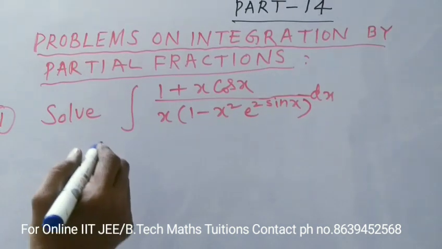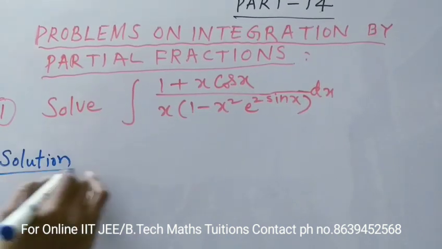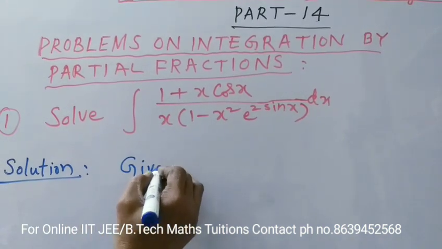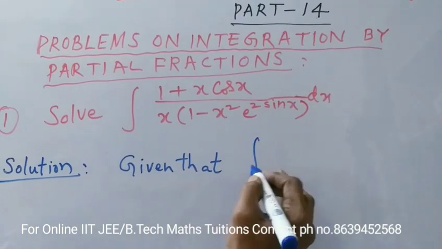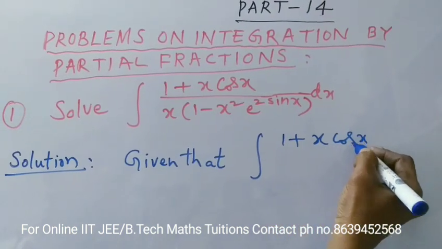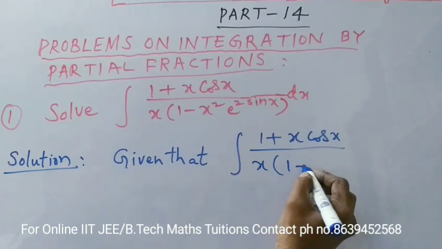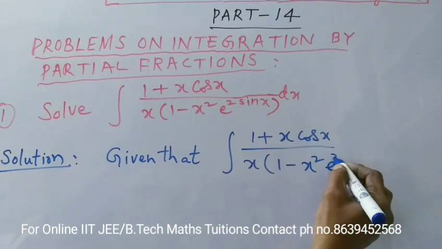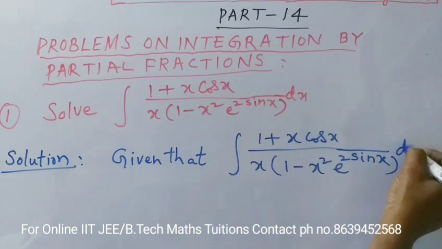For this problem, the solution is going on now. Given that, integral of (1 plus x cos x) divided by x(1 minus x square) e to the power of 2 sin x dx.